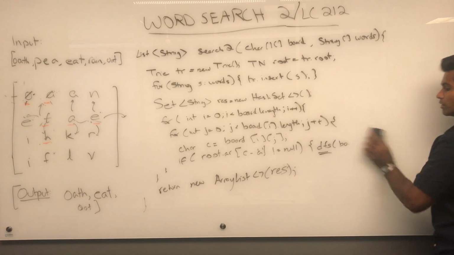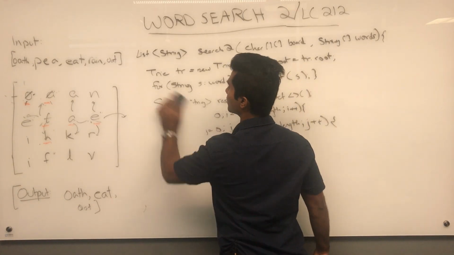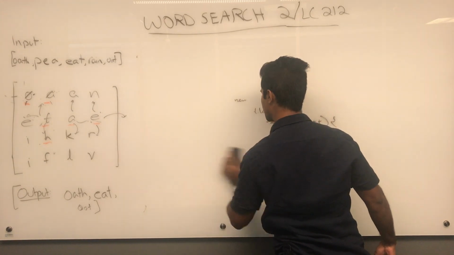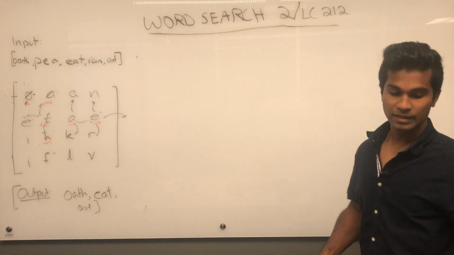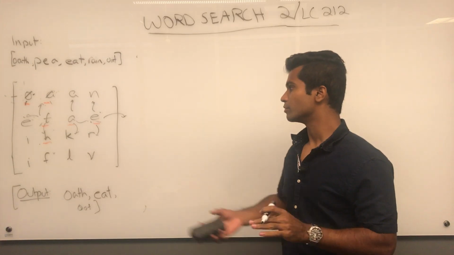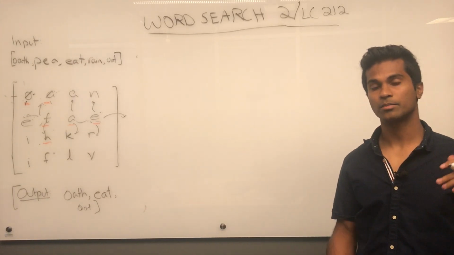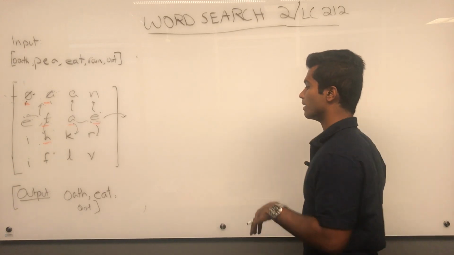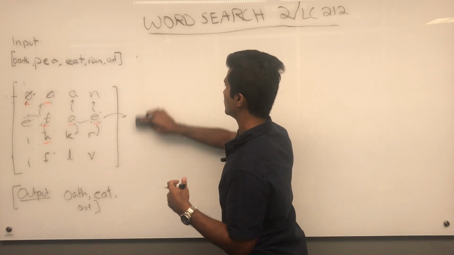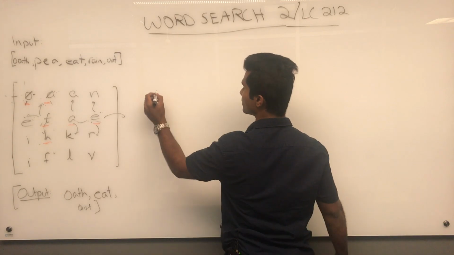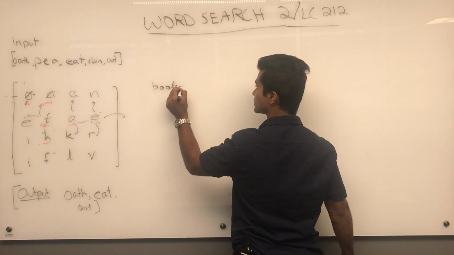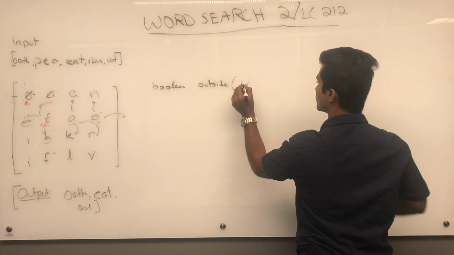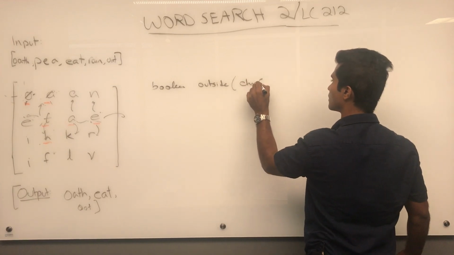Now let's look at the other parts of the code. Anytime I do these 2D grid type problems, I always like to take help of a couple of methods and arrays. So I'm going to make use of a boolean outside function. So it's going to be a character board.